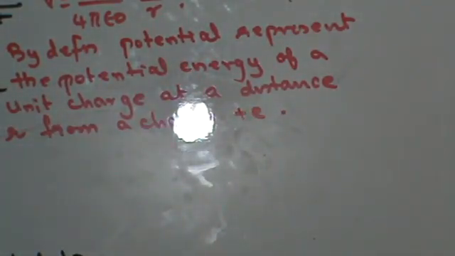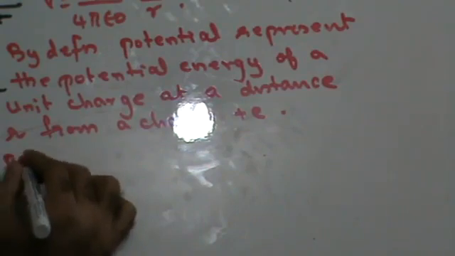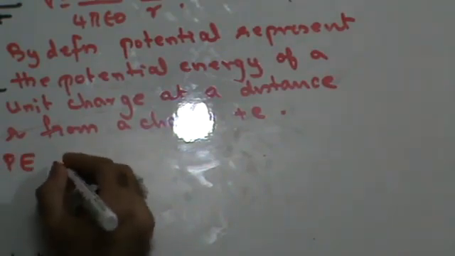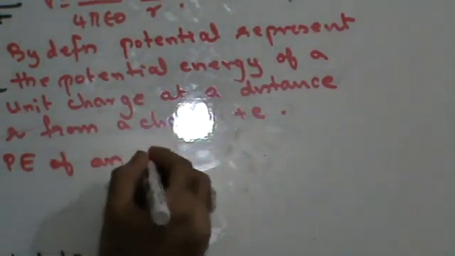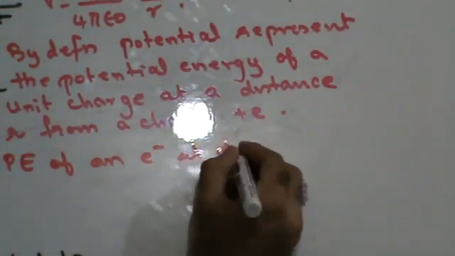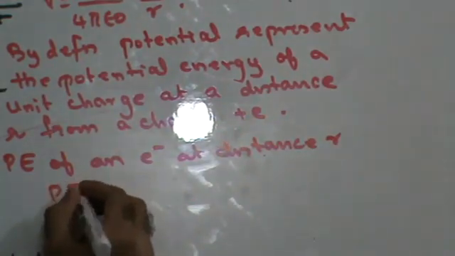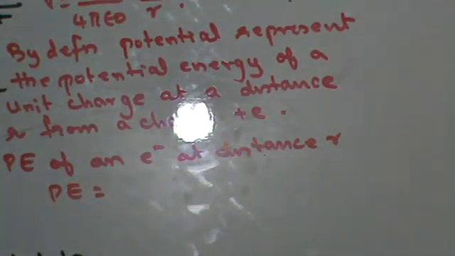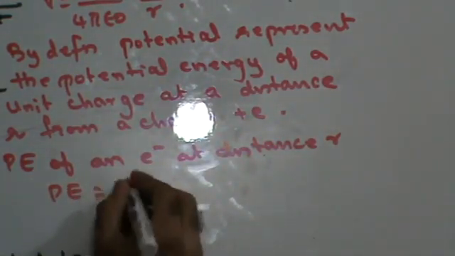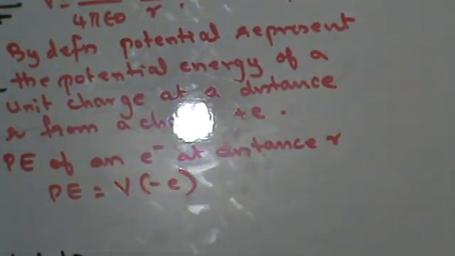That means I can therefore say that the potential energy of an electron at distance R is given by the electric potential multiplied by the charge on the given substance.